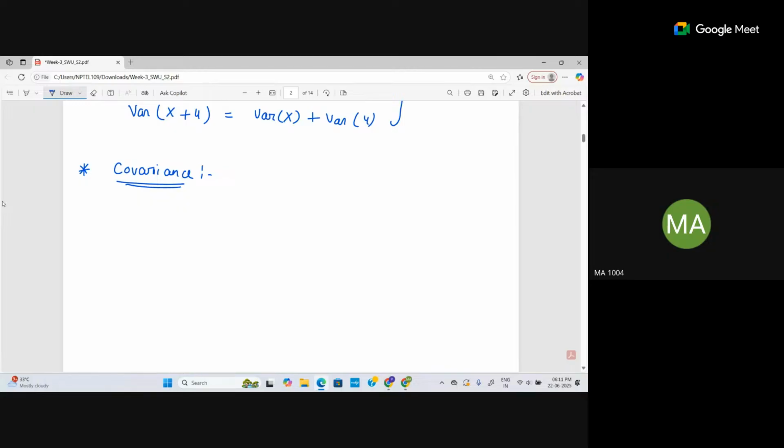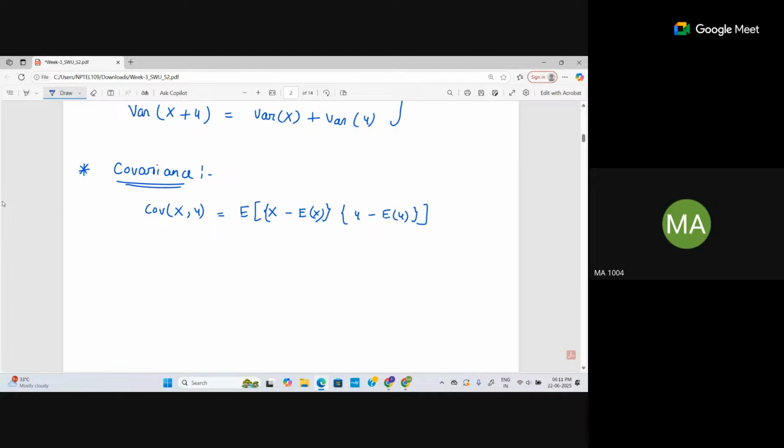So in short, we write it as covariance of x comma y. The actual formula is the expectation of x minus expectation of x, into y minus expectation of y.